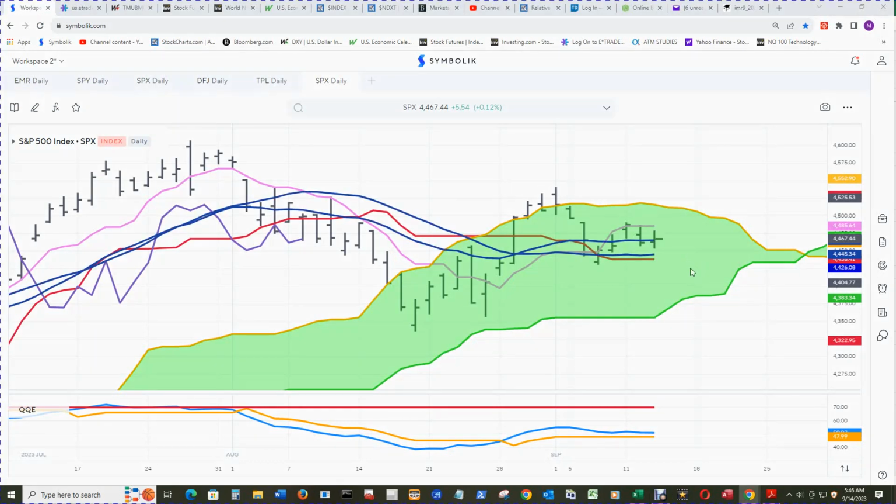As it stands at this time in the morning, pre-market hours, price is above the 21 EMA signal line in solid blue, and also in solid blue is the 20 simple moving average, and the 50 exponential moving average is right underneath the 20 simple moving average at 4443.09.